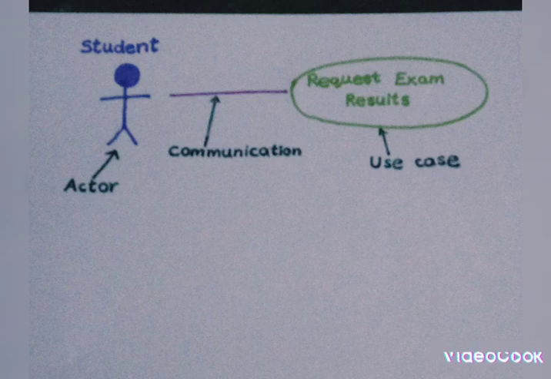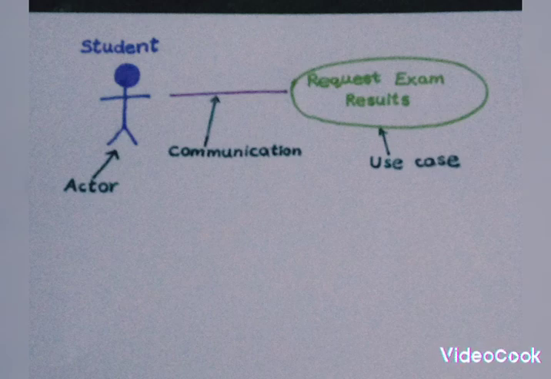The interaction or communication between the student and the LMS is interpreted by the straight line joining the actor and the use case. The use case here is request exam results. As you can see in this diagram, there's one actor, one communication, and one use case.